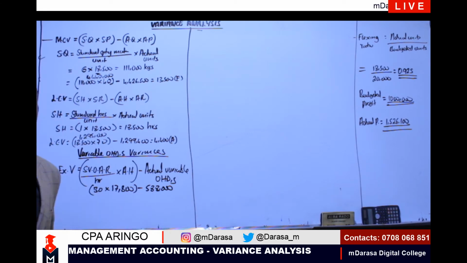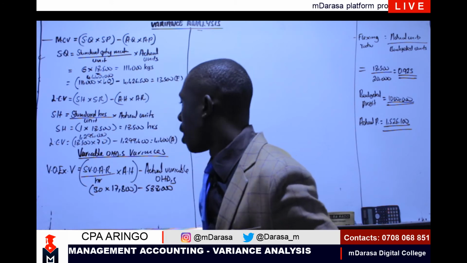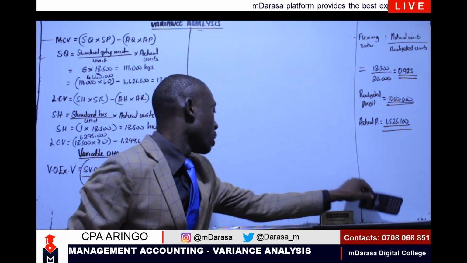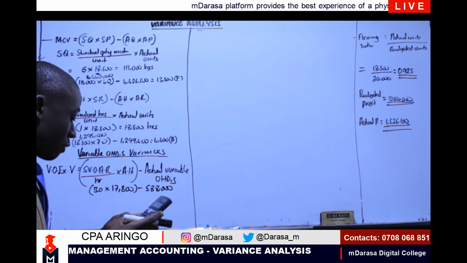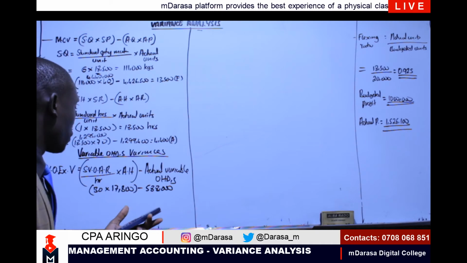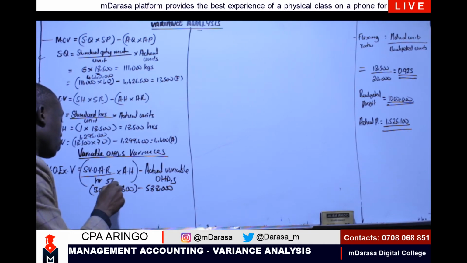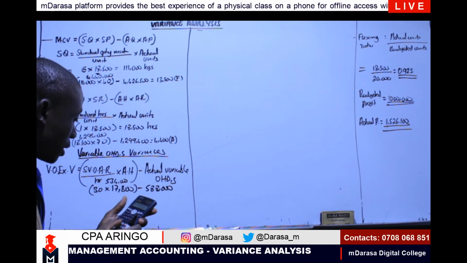So confidently, we can now determine our variable overhead expenditure variance. I'm going to take my 30, multiply by 17,800 to give us 534,000, less 588,000.